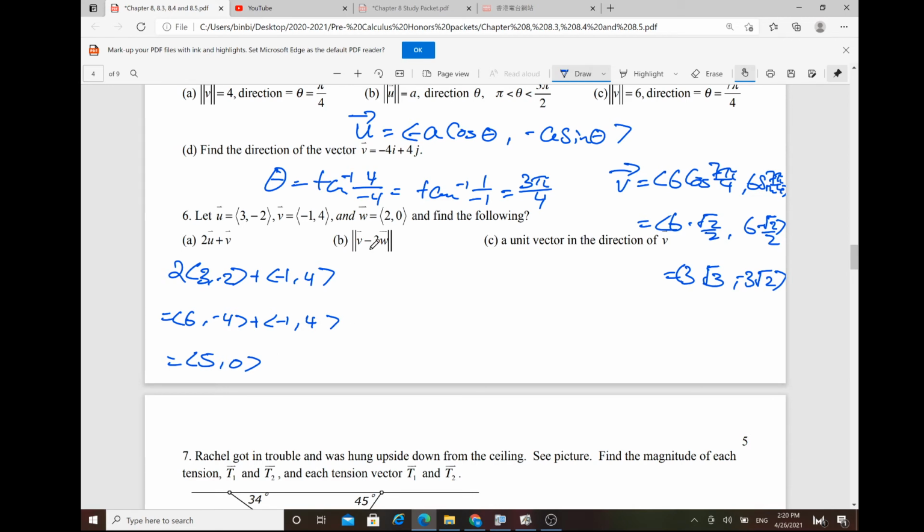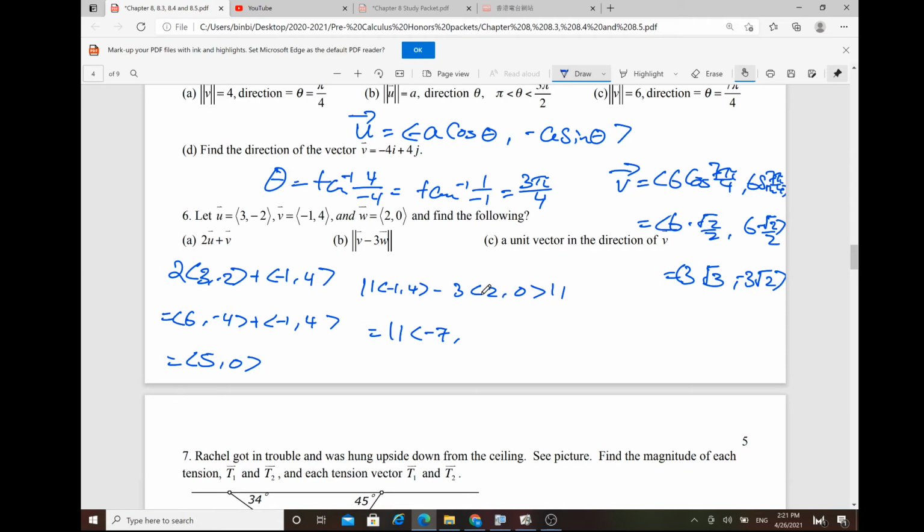And then this one, find out the resulting vector first before we find the norm. So v minus, so negative 1, 4, minus 3 times vector w. So 3 times 2 comma 0 in the component form. So negative 1 minus 6, negative 7.